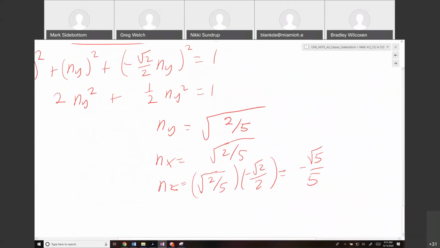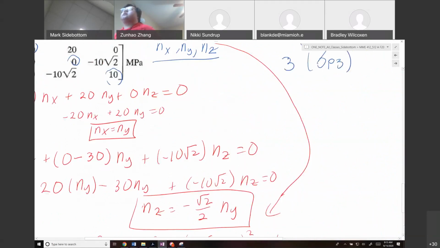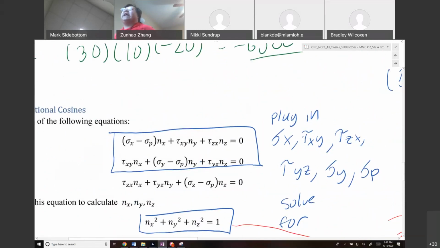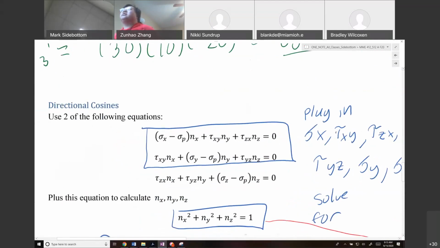Can we use the first three equations to get the result? Can you use just these three equations? Yeah. So you can't. You need to use this last equation here, because what you'd end up getting is these three equations, and two of them are going to be redundant.